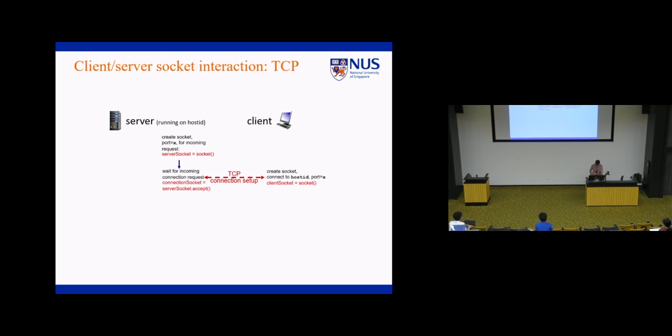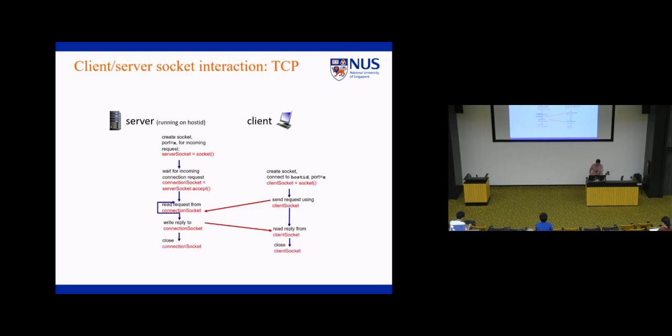During this three-way handshake, it's like the client process knocking on the welcoming door of the server process. When the server hears the knocking, it creates a new door, what we call the connection socket. After the TCP connection is established, the client will send requests using the client socket, and the server will receive them at the connection socket and reply from the connection socket into the client socket.